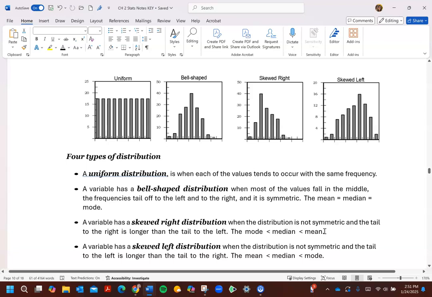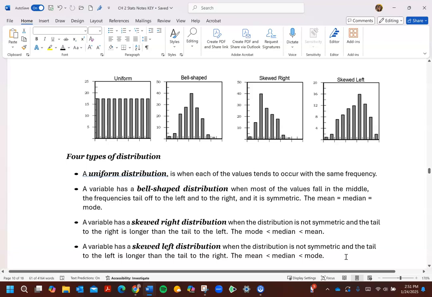And here's those definitions there. Uniform is they're all going to be the same. Bell shape, your mean, median, and mode are all the same. They're all equal. Skewed right, your mode is less than the median, less than the mean. So it's smaller here.